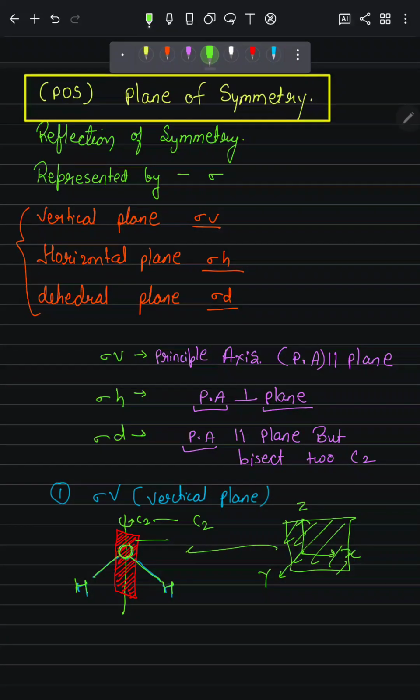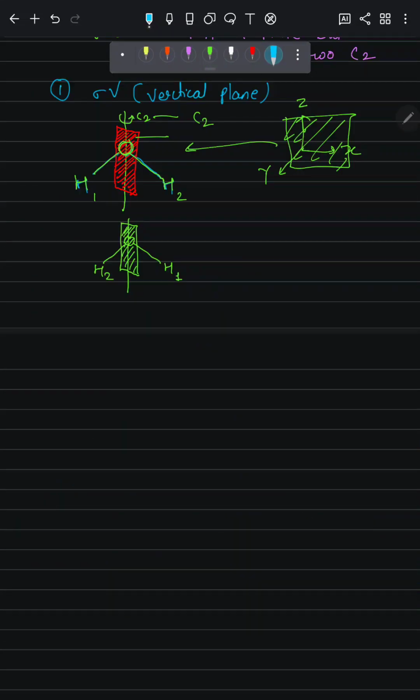So if you put a sigma v1 here, it will reflect these hydrogens in the opposite direction, so this will give an equivalent structure.